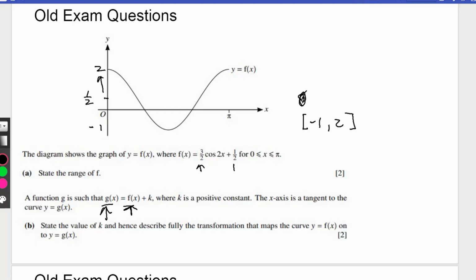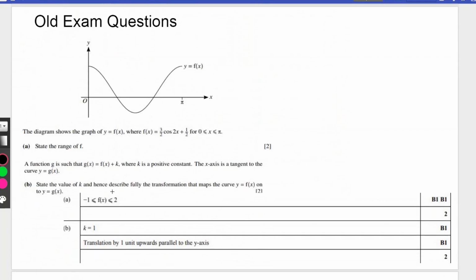So it's basically the same as the function I was looking at, only it's plus a number. Well, if this is going to have to be touching the x-axis, and it's at -1 right now, then k must be a +1. Let's take a look and see what it says. Yeah, k's got to be a +1.